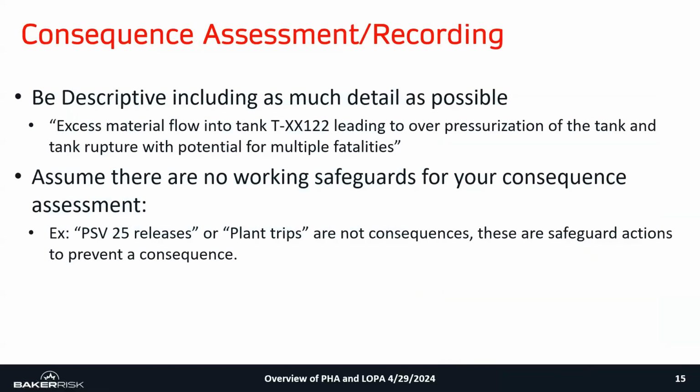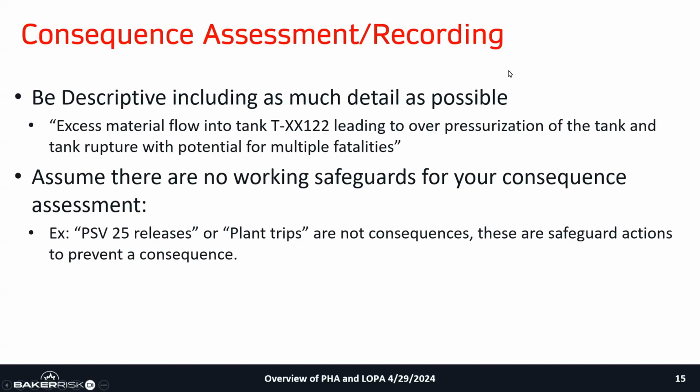As the team identifies the consequence, they want to make sure that they summarize it well in the PHA study, such that an individual that looks at the study a year or two down the road, or perhaps the team that revalidates 5 years later, really understands what the thought process was and how that consequence was determined. So it's important for the PHA team to be as descriptive as possible.